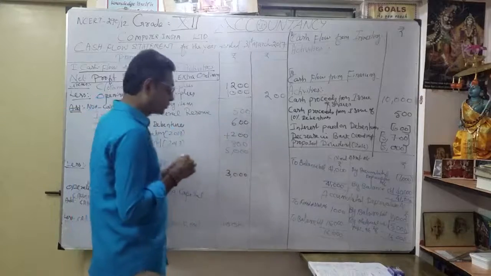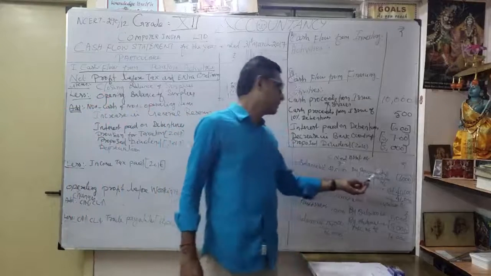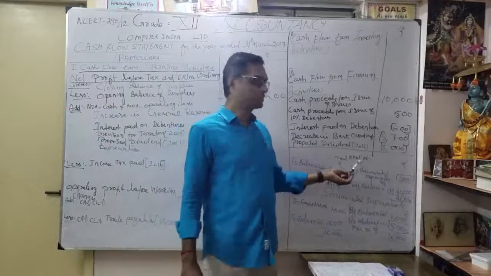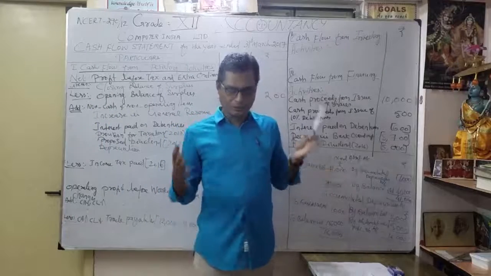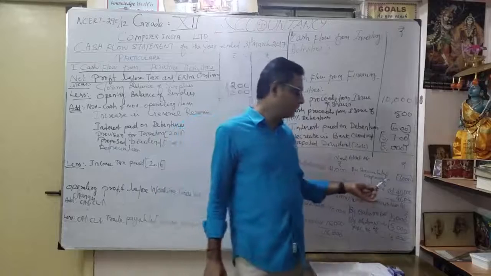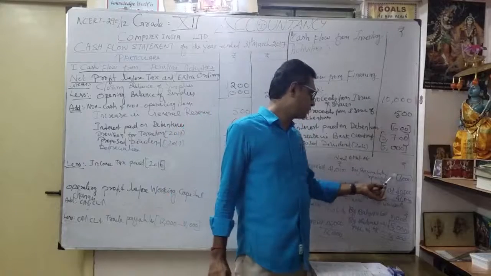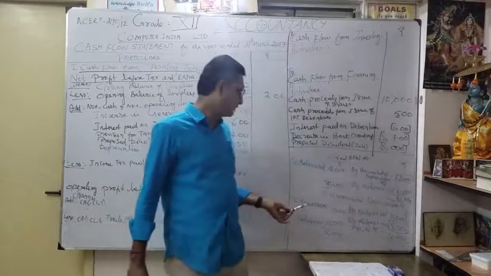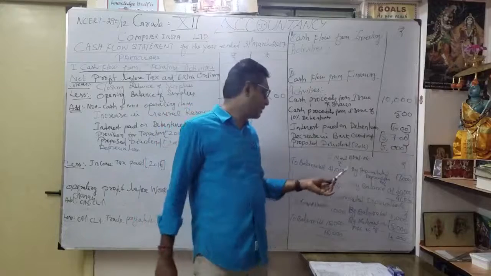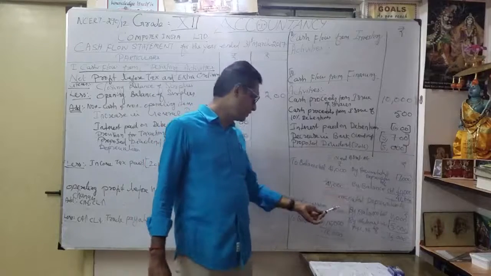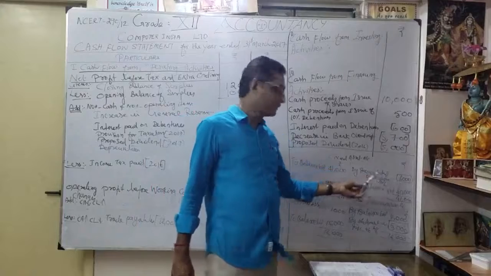See, for preparation of the two accounts, first we get the balance for preparation of the fixed asset account. Here, no sales, no purchase. So ultimately, what you get? By accumulated depreciation 1,000. Depreciation posting here. What is the journal entry? Accumulated depreciation account to fixed asset. Corresponding credit, corresponding debit.